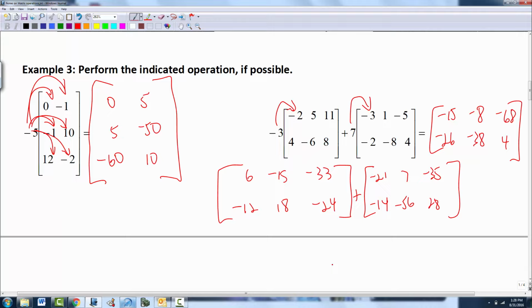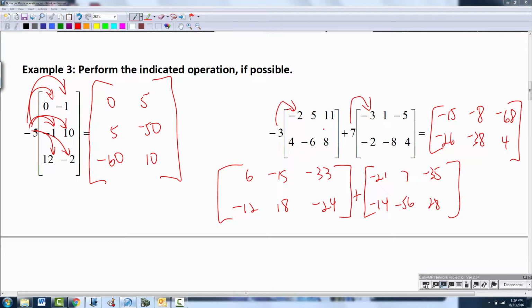All right, just because of time, I'm going to go ahead and reveal this next answer. And if you're working, just kind of stay down. I'm going to blabber. This next one, you distribute the negative 3, get those answers for that matrix. Just double checking my math as I do this. I think I made a mistake in the other hours, like I said. Distribute the 7, and that gets distributed into all components.